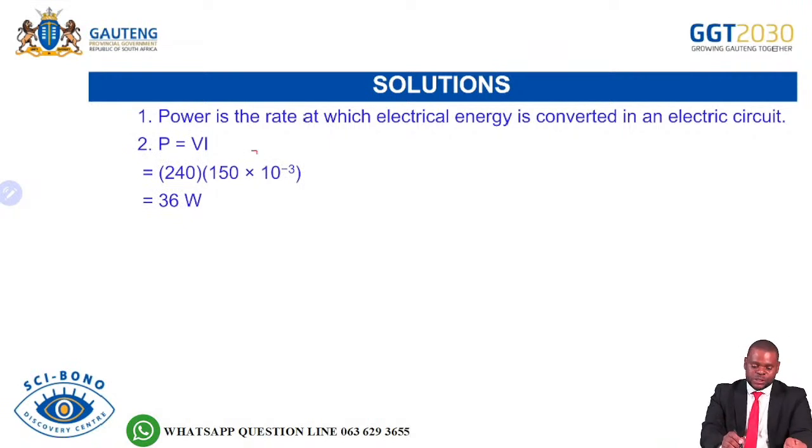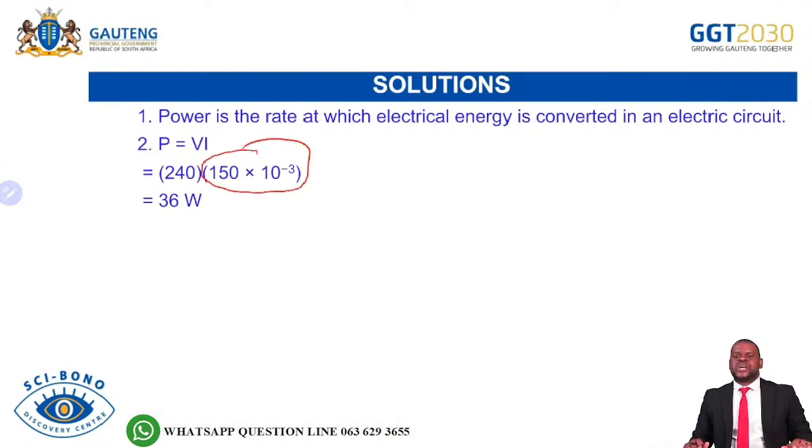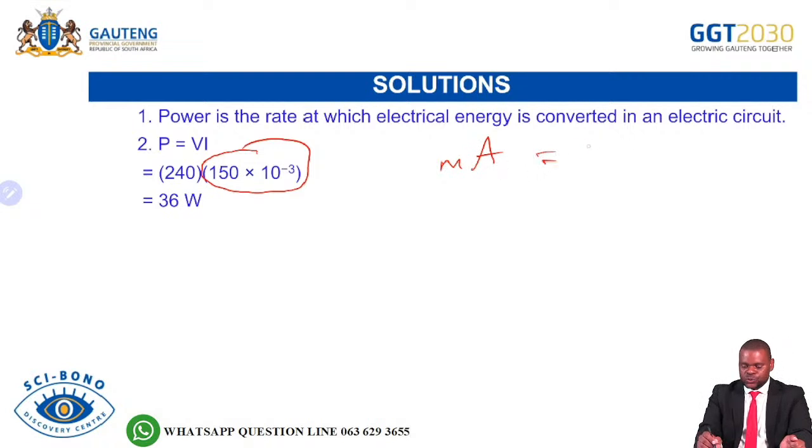And then now you'll be surprised with this. 150 times 10 to the exponent negative 3. Okay? When you see m, milliampere, small m, you must know that it equals times 10 to the exponent negative 3. Are we together?